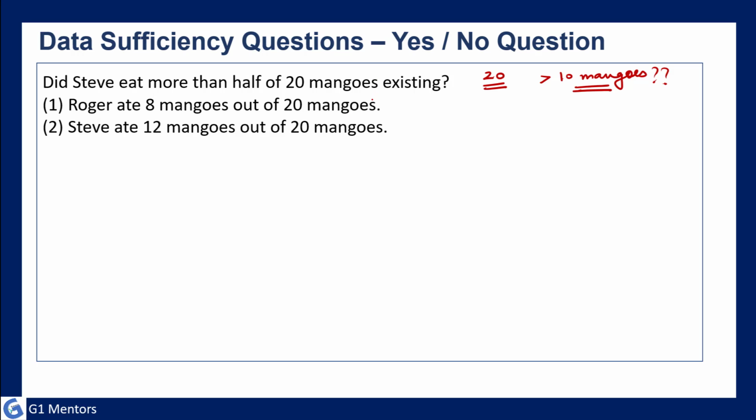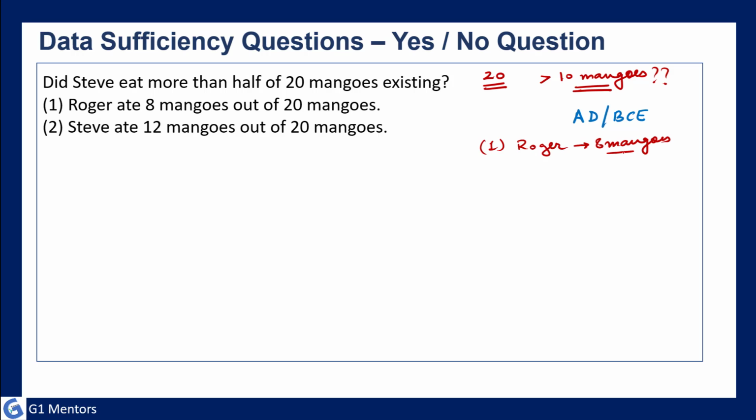Looking at this, for every data sufficiency question, what is the first step? We write ADBCE. So now let me take the first statement alone. It says Roger ate 8 mangoes.